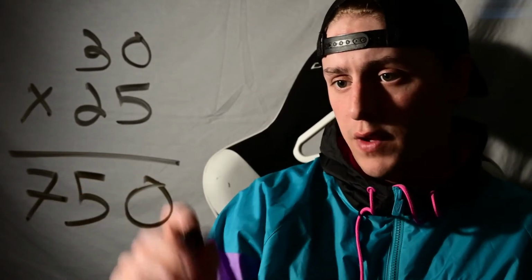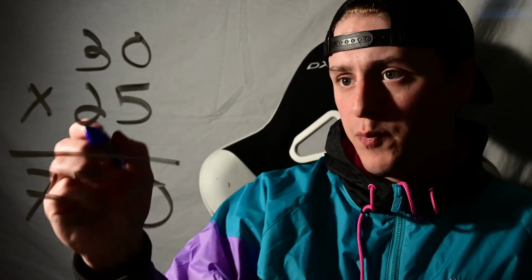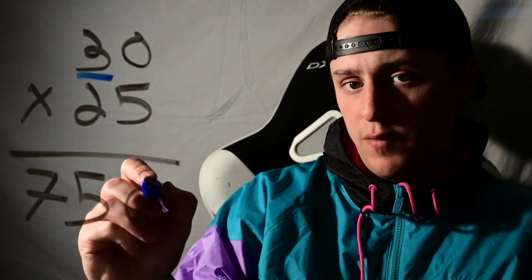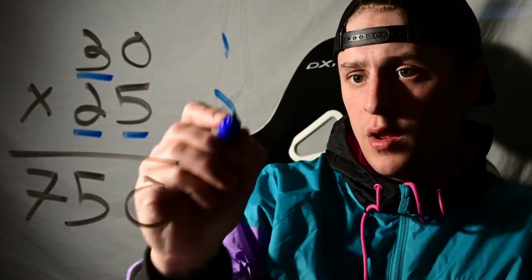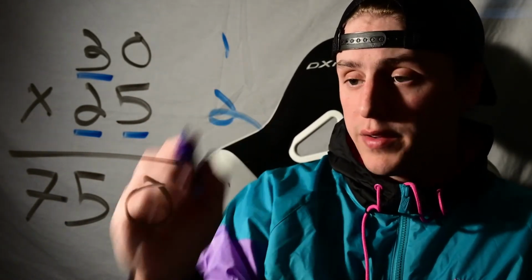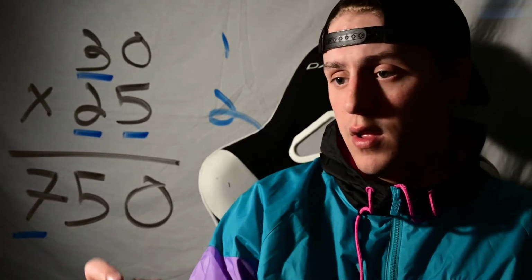Okay. So say we take 30 and times that by 25. What we're going to get is 750. Now, there's one more thing we need to keep in mind. We have 1 significant figure here, 1, 2 here. So 1 and 2. We're going to take our lowest, so it'll be 1.